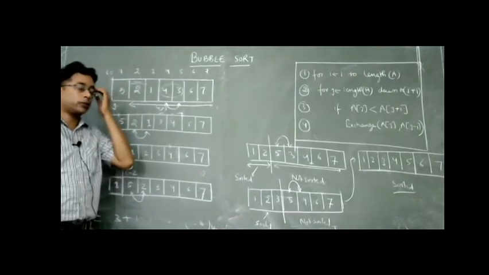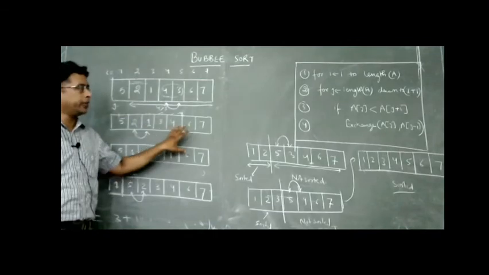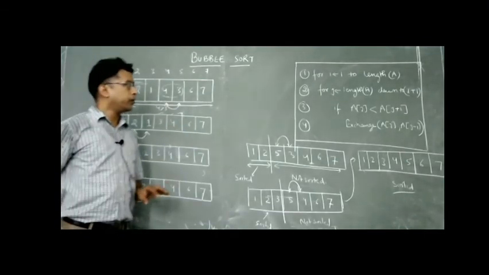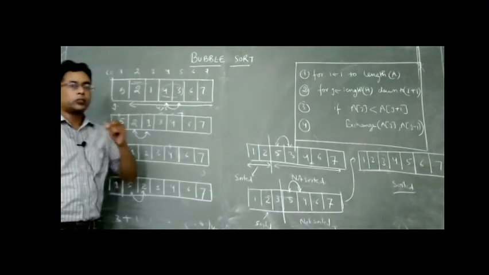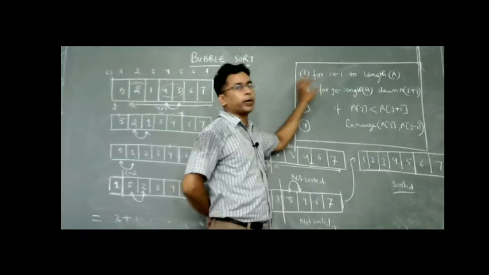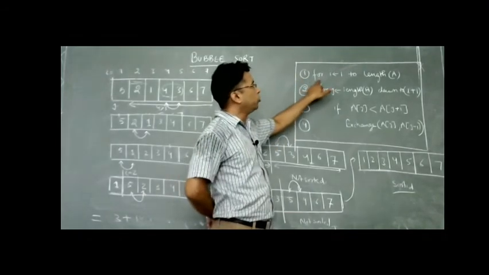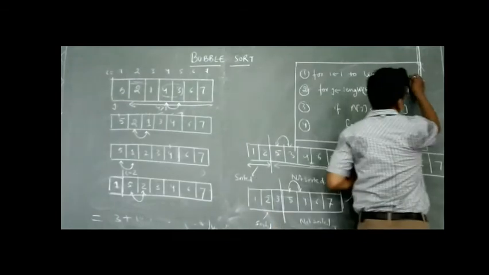Now the bubble sort, I think that everybody is clear about it, and we shall discuss the complexity of the sorting algorithm. The complexity of an algorithm is decided by the logic behind it. Here there is a loop for I equal to length of A, that is the number of elements.